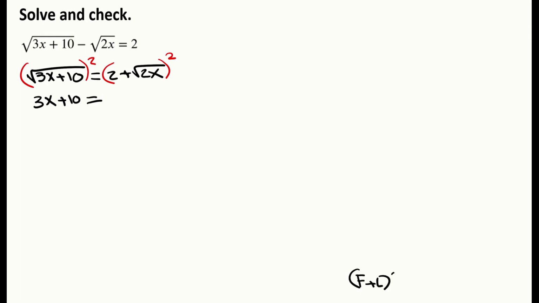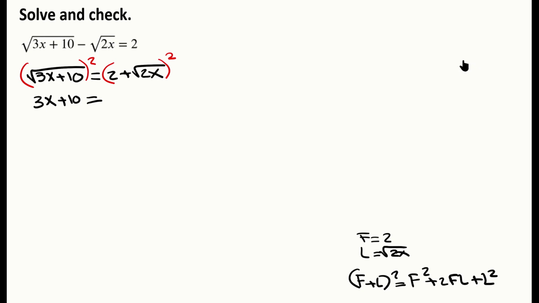F plus L squared equals F squared plus 2FL plus L squared. So here, the f that we're going to use is going to be 2, and the L we're going to use is going to be the square root of 2x. So we're going to apply this formula to this f and this L.